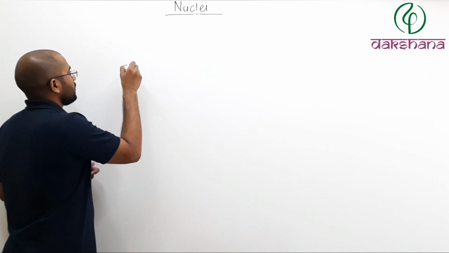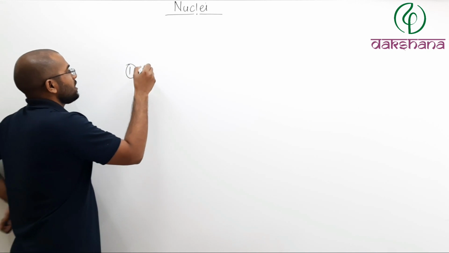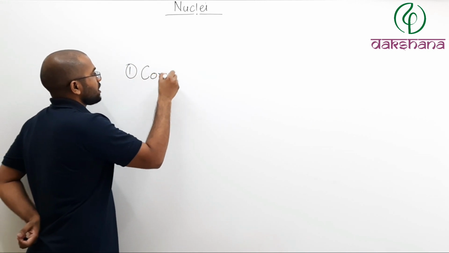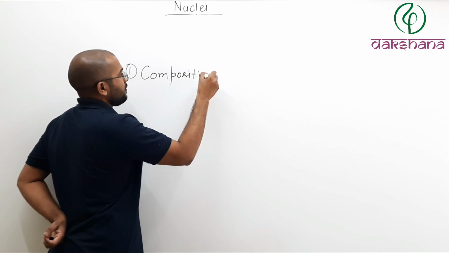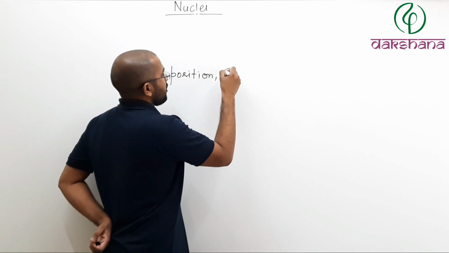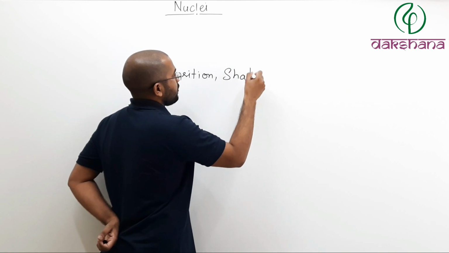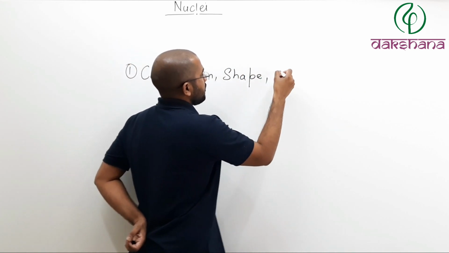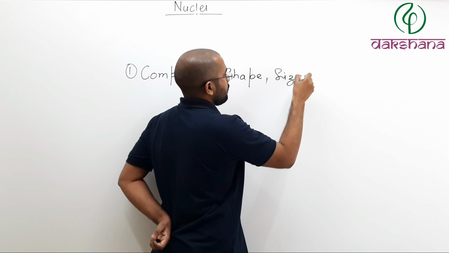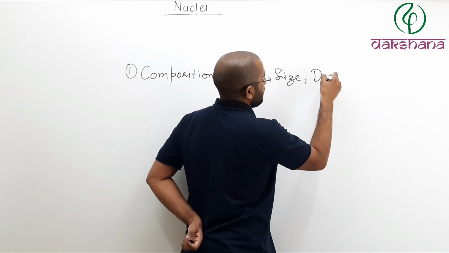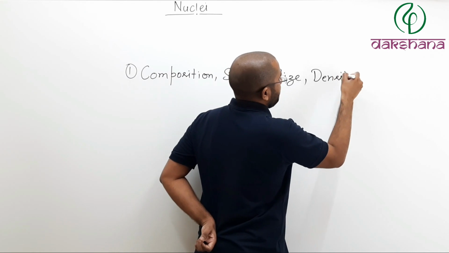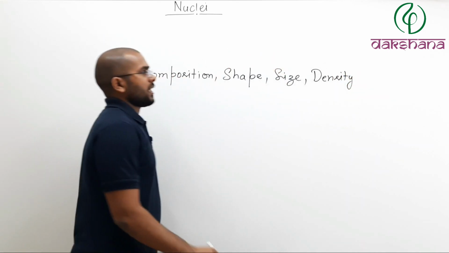The first topic which we will cover is composition of nucleus, what this nucleus is made of, shape of the nucleus, size of the nucleus, what is the radius and so on. And then we will see density of the nucleus, how dense this material is.